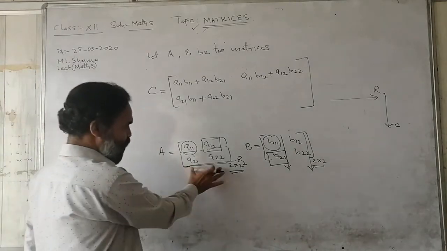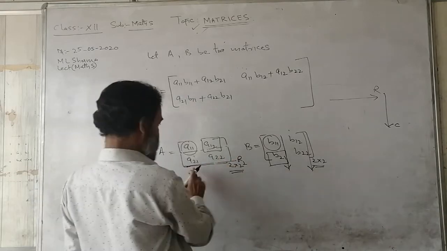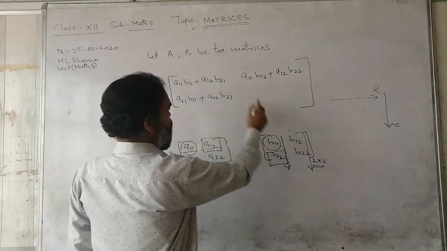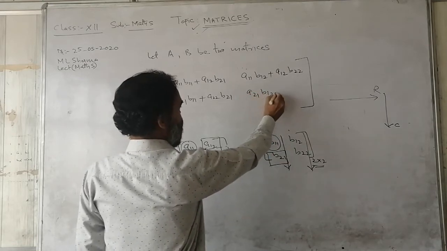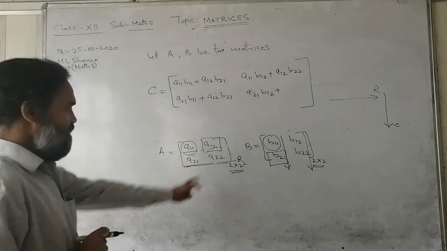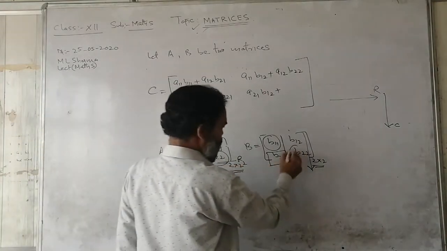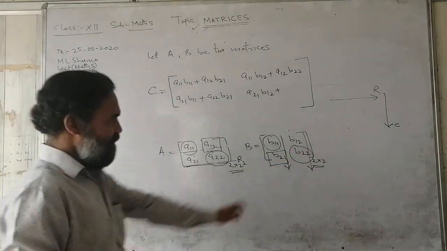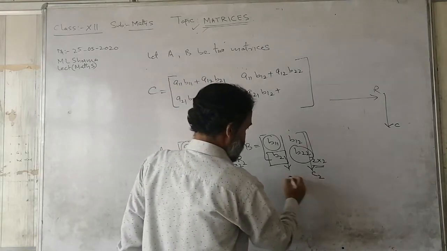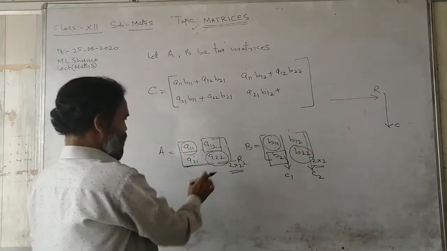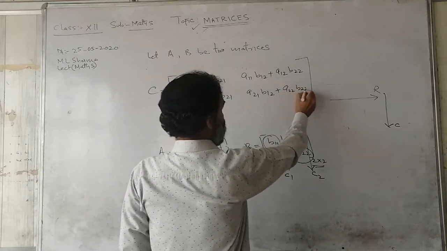Then the same row R2, its elements are to be multiplied by the second column: A21 is to be multiplied by B12, and plus this element A22 of row R2 is to be multiplied by element B22 lying in the second row. This is C1, this is C2. So this next element will be A22 B22.